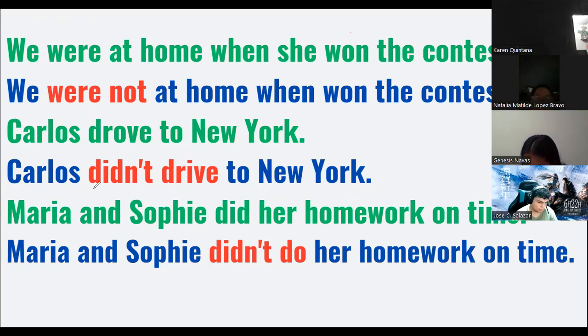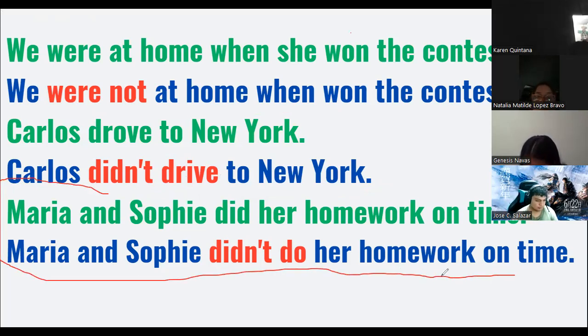And Natalia, can you please read the third sentence, affirmative and negative? Natalia, can you please read? Maria and Sophie did their homework on time.